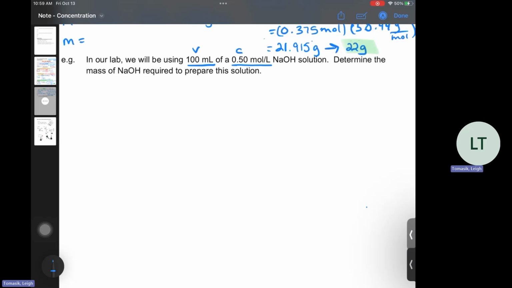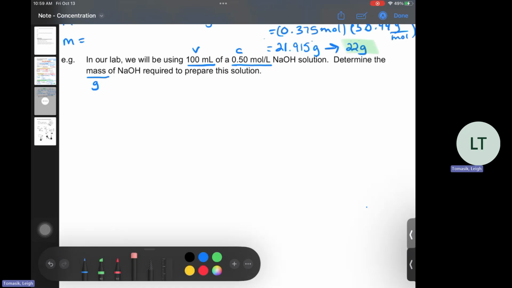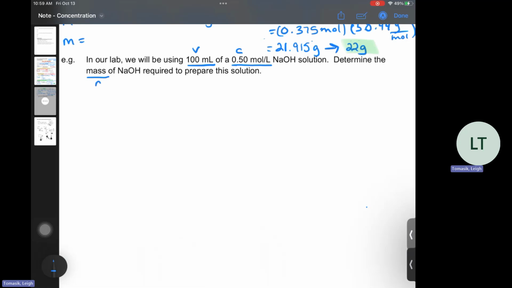I'm using my units to tell me what letter it goes with, right? So volume is liters and milliliters. Concentration is moles per liter. And then it says determine the mass. That's going to be in grams of NaOH required to prepare this solution.